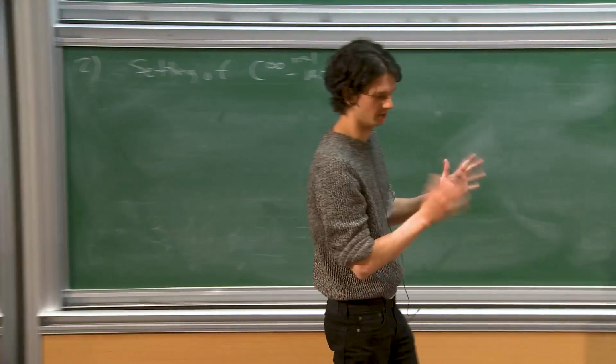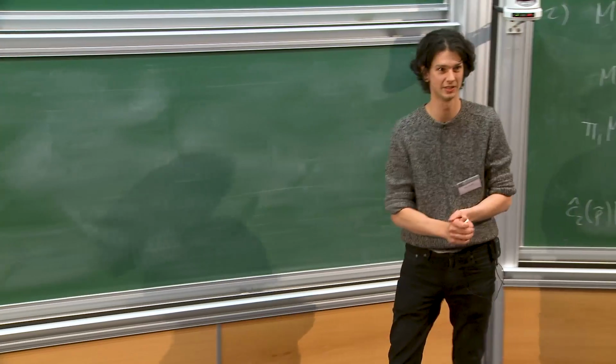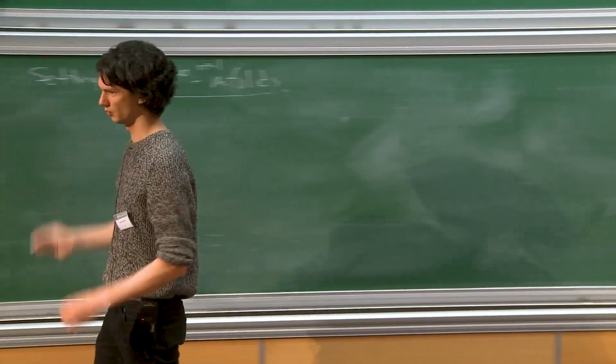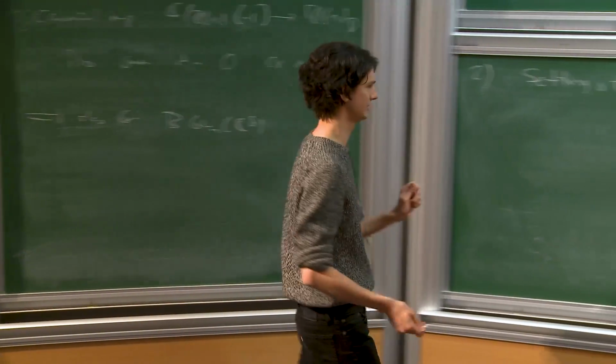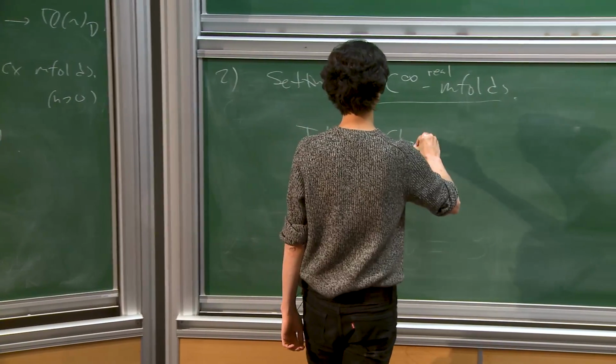Now, at this point, I can give the idea behind the Cheeger-Simons construction. It's because there is a good reason, in the setting of real C-infinity manifolds, why these topological Chern classes vanish when you go to complex coefficients. So the idea is, there's something called Chern-Weil theory.